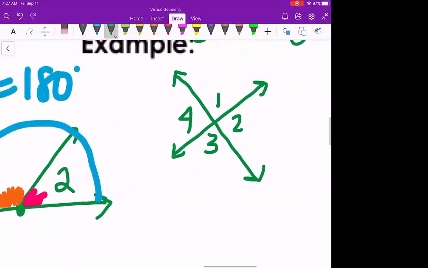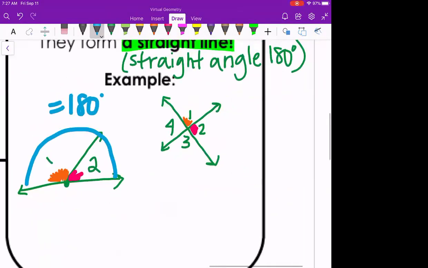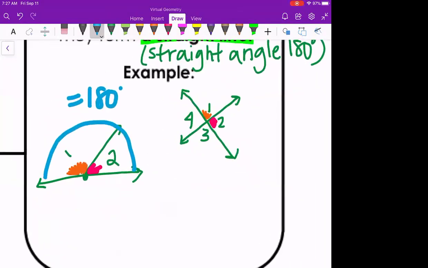We actually have 4 sets of linear pairs happening here. I could do angle 1 and 2, they would make a linear pair. I could have 2 and 3, 3 and 4, 4 and 1. All of those sets make up 180 degrees because they're making that straight angle.